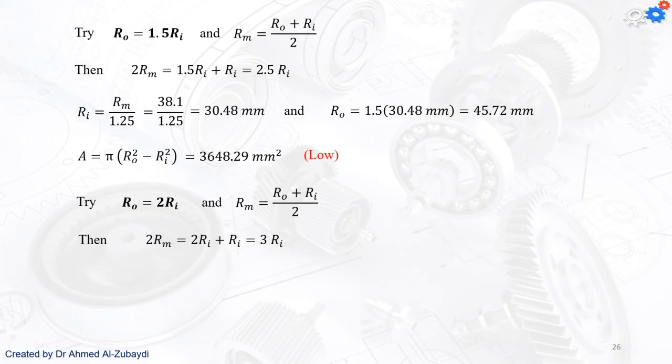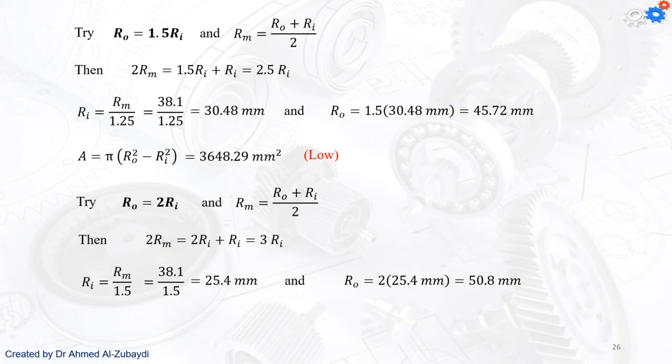By redoing the calculation, we find the value for RO to be 50.8 and Ri is 25.4 millimeters. Calculating the area once again, it's going to be 6,080.49, which is okay. Now this one is comparable to the one that we calculated by using the WR and the power.